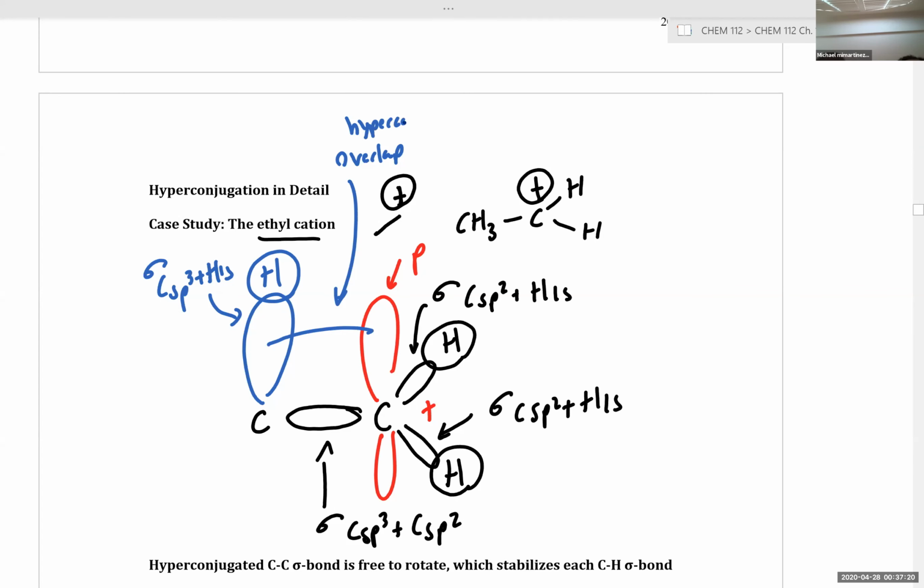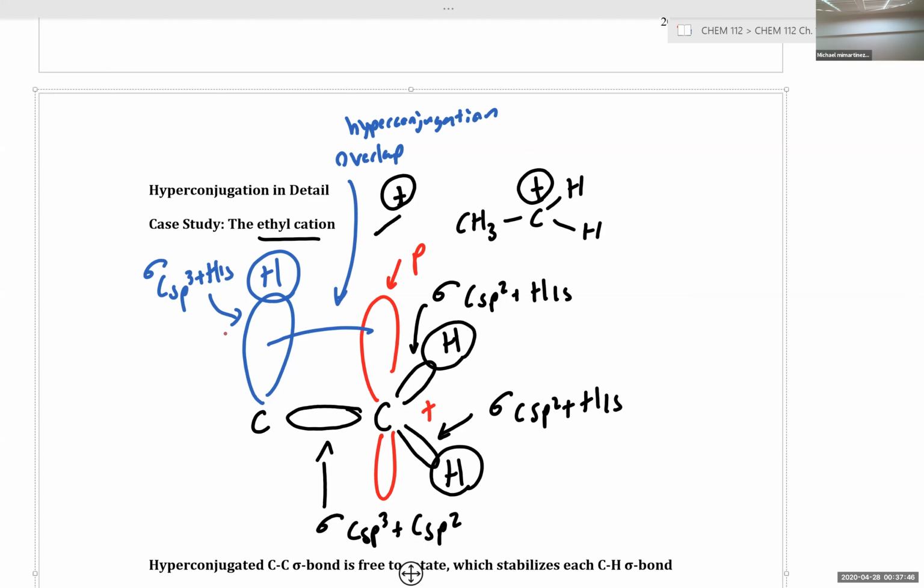And in effect, what we're doing with hyperconjugation is we're taking some of this positive electron deficient character that is on our ethyl cation carbon, and we are distributing it throughout our molecule. Analogous in concept to how resonance can distribute a charge and distribute electron density throughout a molecule.